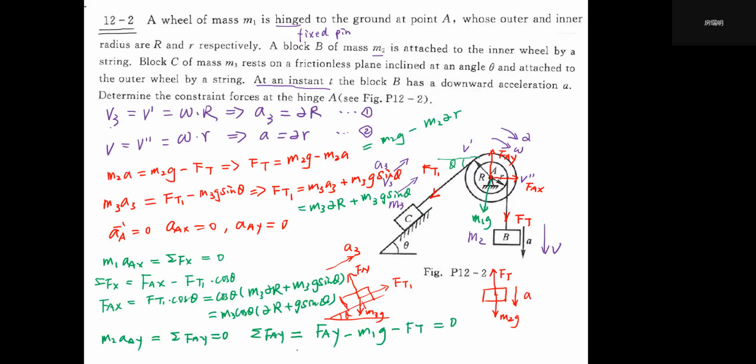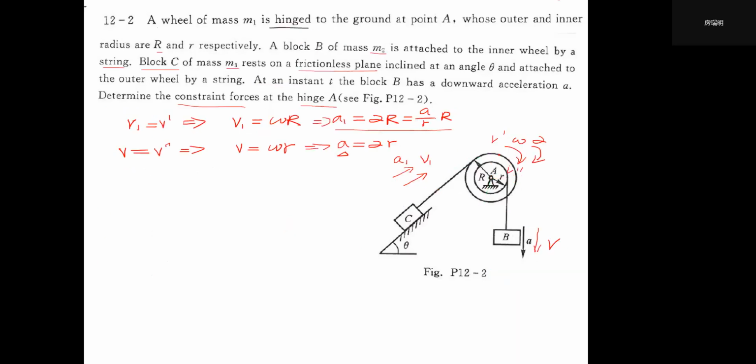So you guys will find Fay will equal m1 g plus Ft, but we have Ft here. So plus m2 g minus m2 alpha R. I think this is quite complicated. I hope you guys can understand, but maybe it's too tough for you. Actually, I have a detailed analysis here.